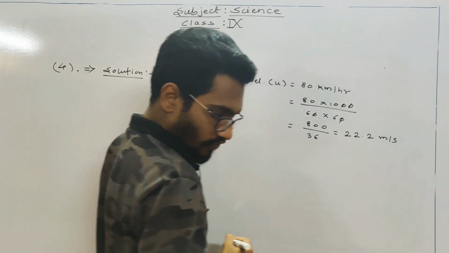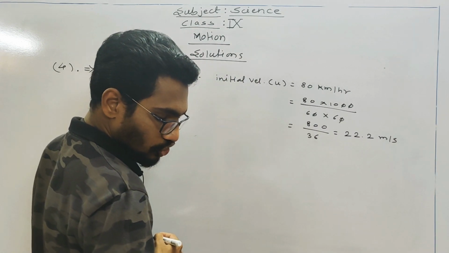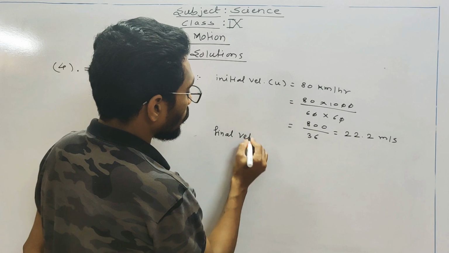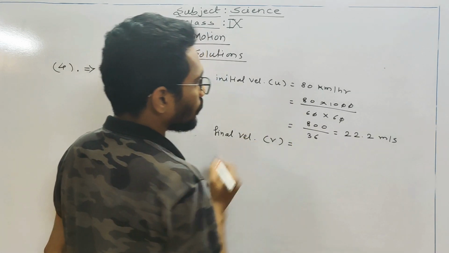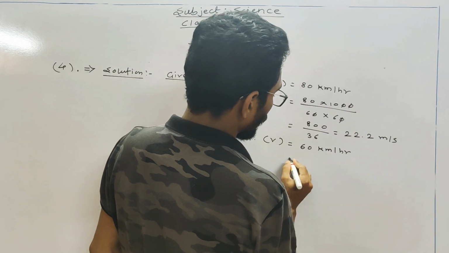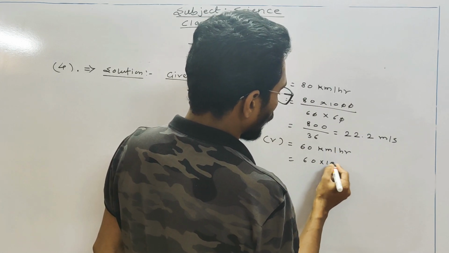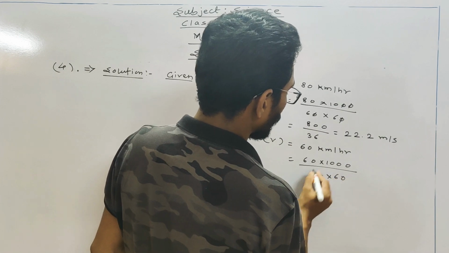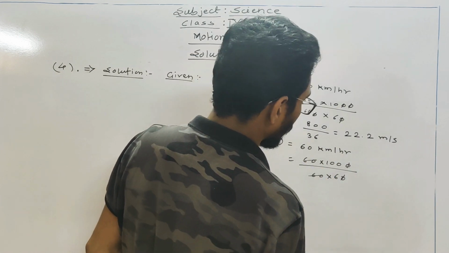Now the final velocity, that is decreases to 60 km per hour. So final velocity v is equal to 60 km per hour. So again 60 into 1000 by 60 into 60. So 60 60 get cancelled, 0 0 get cancelled.